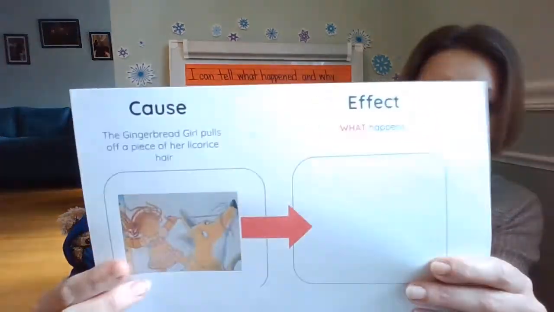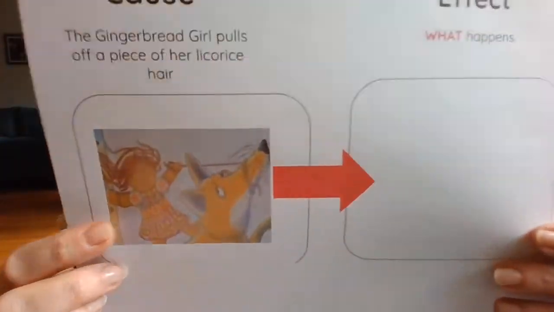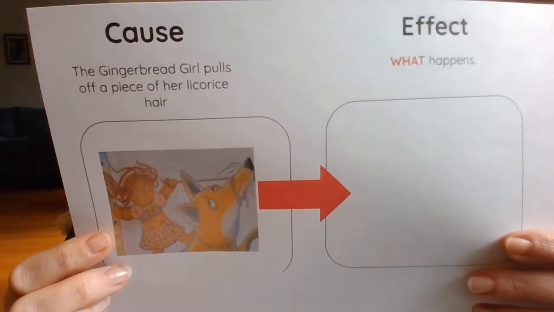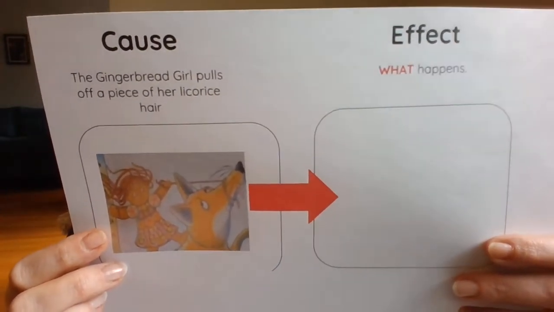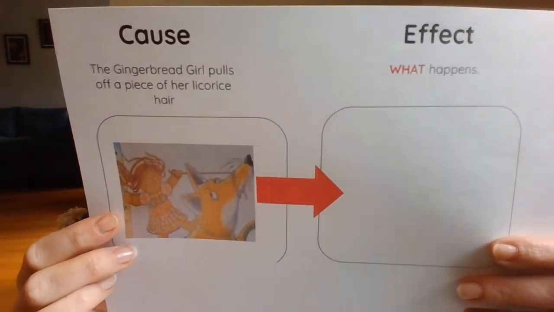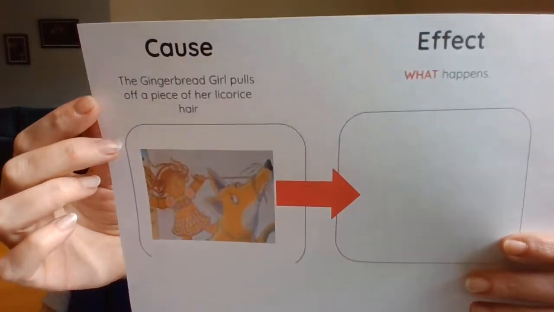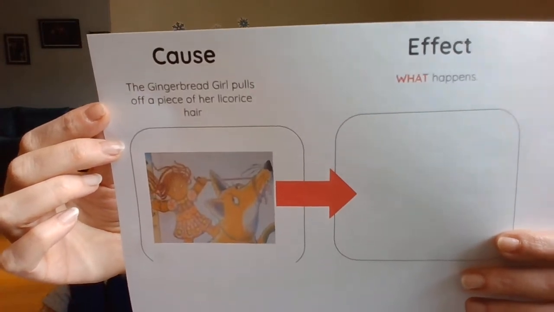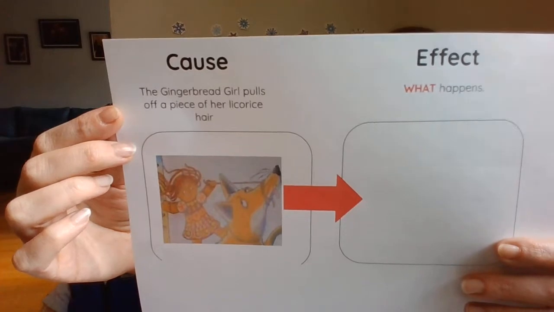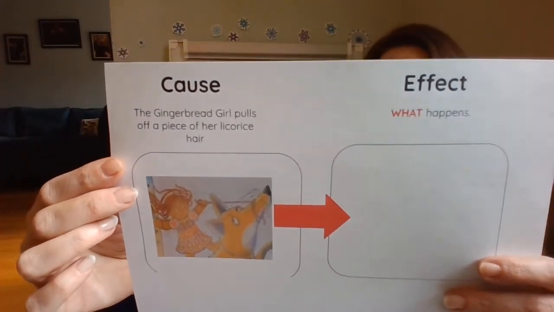Look, do you remember this part? What do you see? Pause the video and share what you see. So the cause is the gingerbread girl pulls off a piece of her licorice hair.